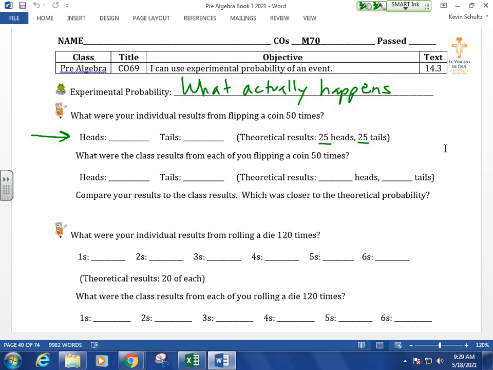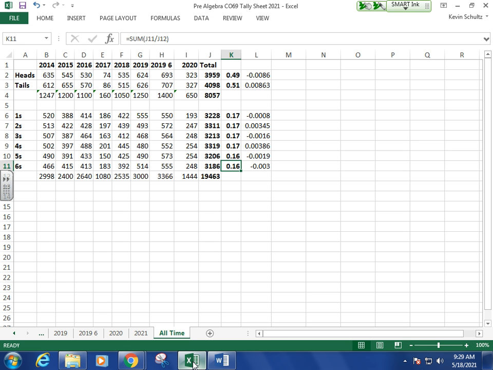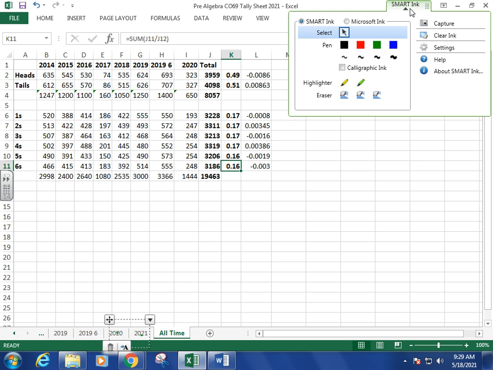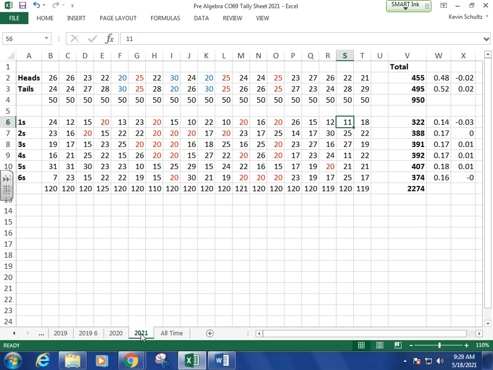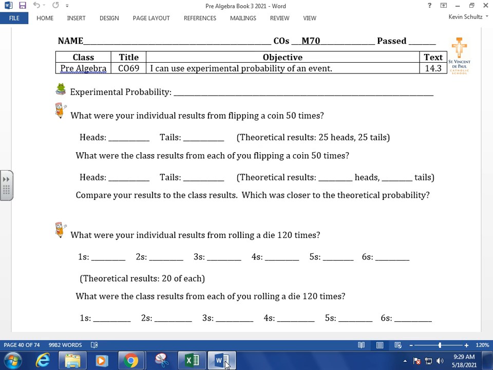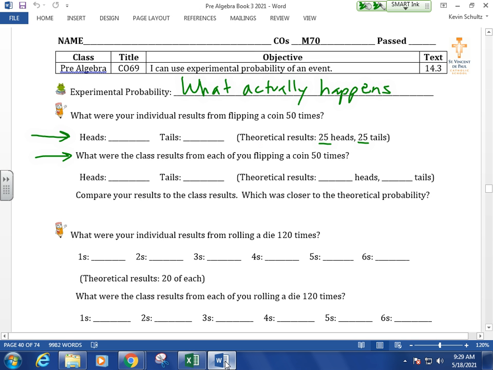And then the class results. This everyone can do. I already forgot what our class results were, so let's go back and look here. Our class results, 455 heads, 495 tails. So 455 and 495.